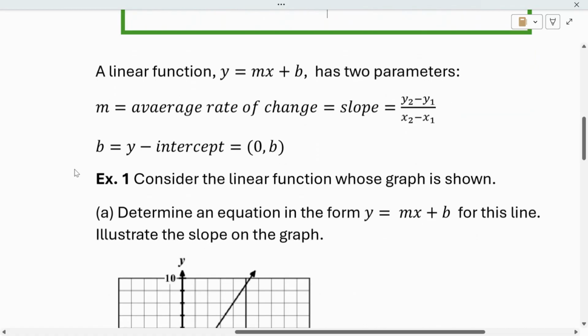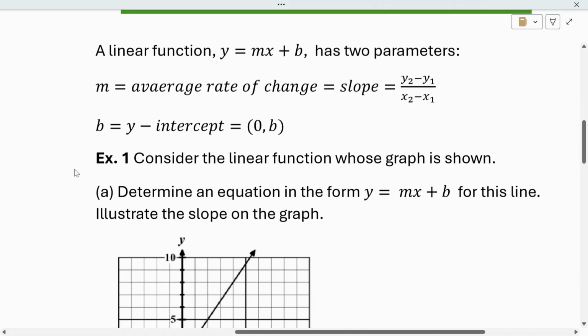All right. So some things that are important. A linear function, y equals mx plus b, has two parameters, meaning two things that you need to know. You need to know these two things to write an equation, okay? Well, what are the two things that you need?